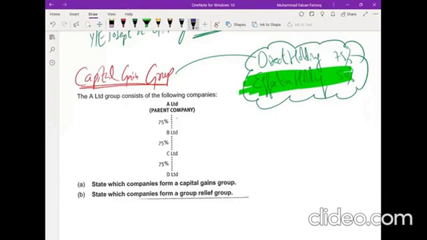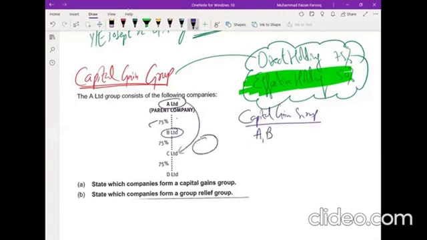So what will happen when we create a capital gains group? The difference will be this. A is there, okay, fine. B will be there because 75%. C, we will calculate how much you got, 56, no? So C will come or no? No, see, this C has direct or indirect?